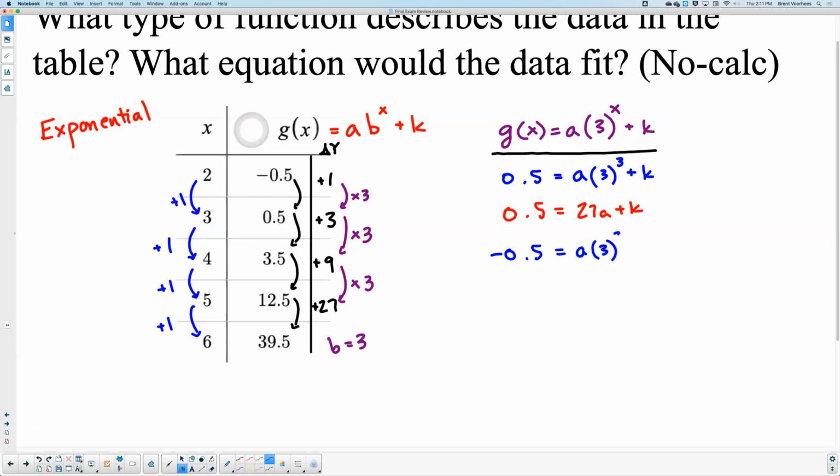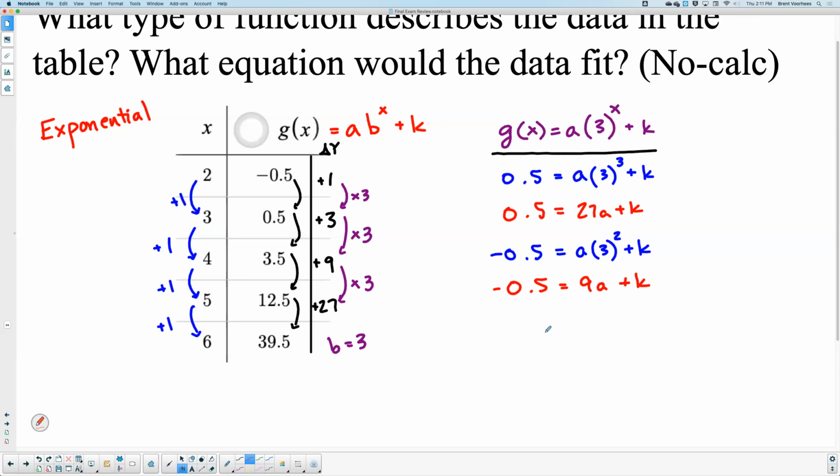Base is 3 squared plus k. I plugged in a 2 for x and a negative 0.5 for g of x. Let's simplify that. What is 3 squared? So we have negative 0.5 equals 9a plus k.